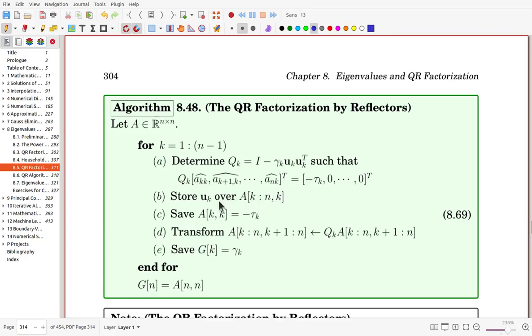Now, we save the u_k on the pivot column. The first component of u_k is scaled so that the first one will be 1. So for that position, minus tau k will be saved.